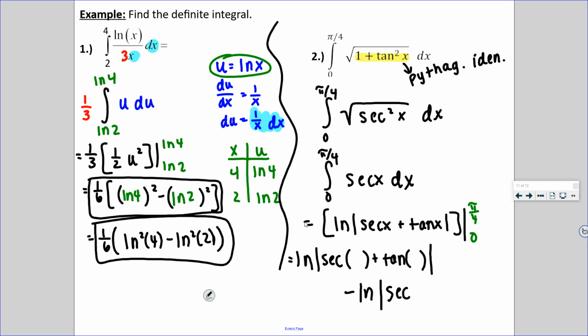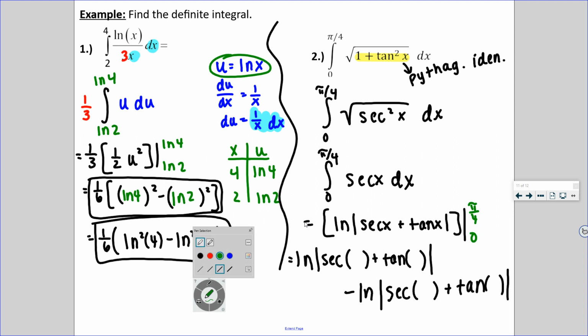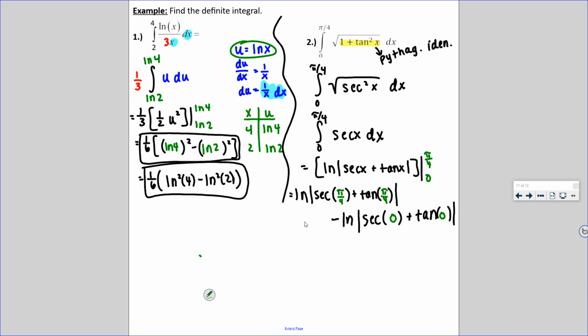We actually don't get just 0. We can't just ignore it because I'm taking the secant and tangent of 0. So upper bound, I plug in pi over 4. Lower bound, when I subtract, I plug in 0. Oh boy, let's see how we're doing with our trig facts here.